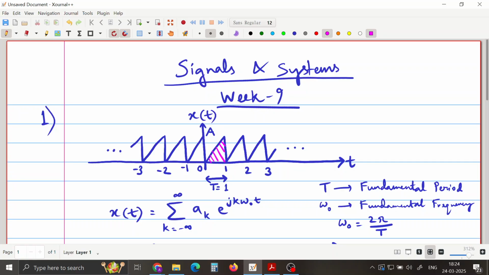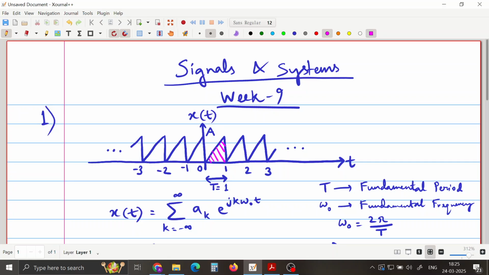So this shaded region is the shape of the signal in one fundamental period, in this case from t equals to 0 to t equals to 1. So basically what you are doing to find a naught is finding the area of this shaded region within one period and dividing that area by the fundamental period.